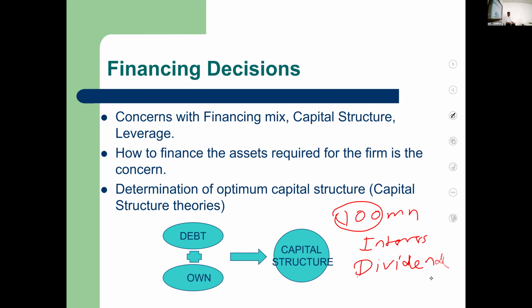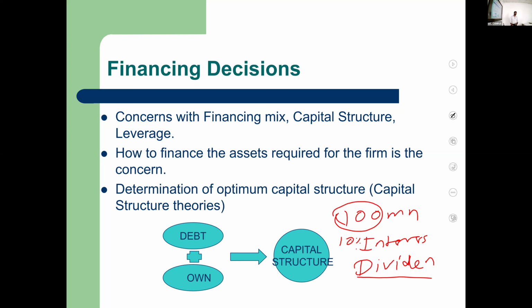So you need to decide the optimum level. You can't go for one option. Why? Because if you go for interest, let's say if it is 10%, then you need to pay, as well as dividend also, you need to pay. Those we call cost of capital. Clear?